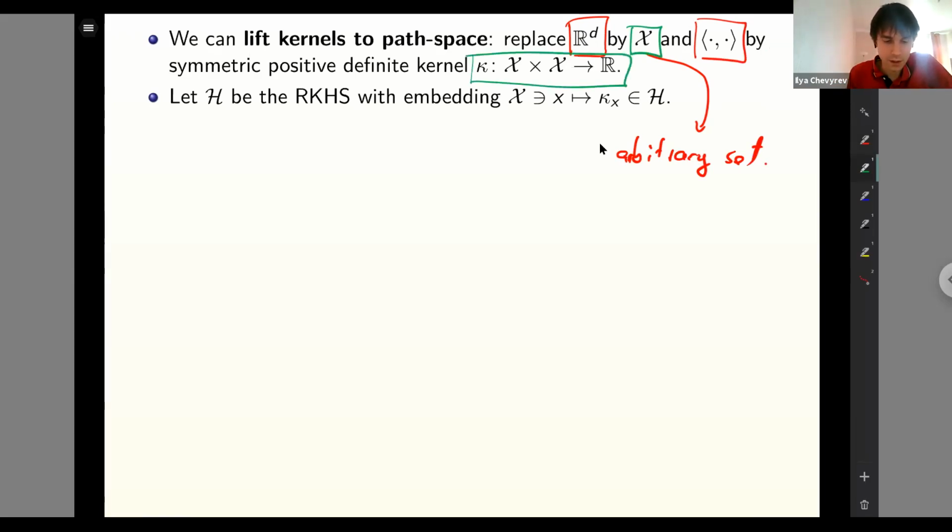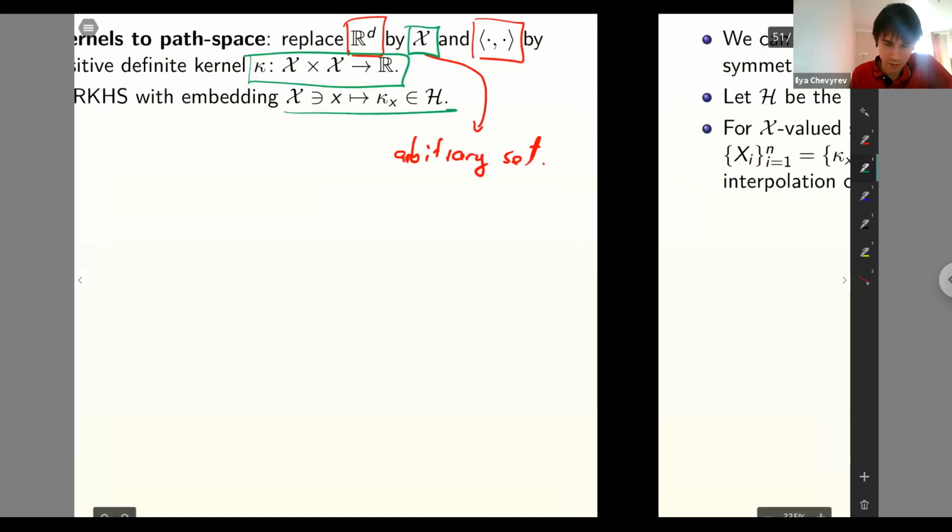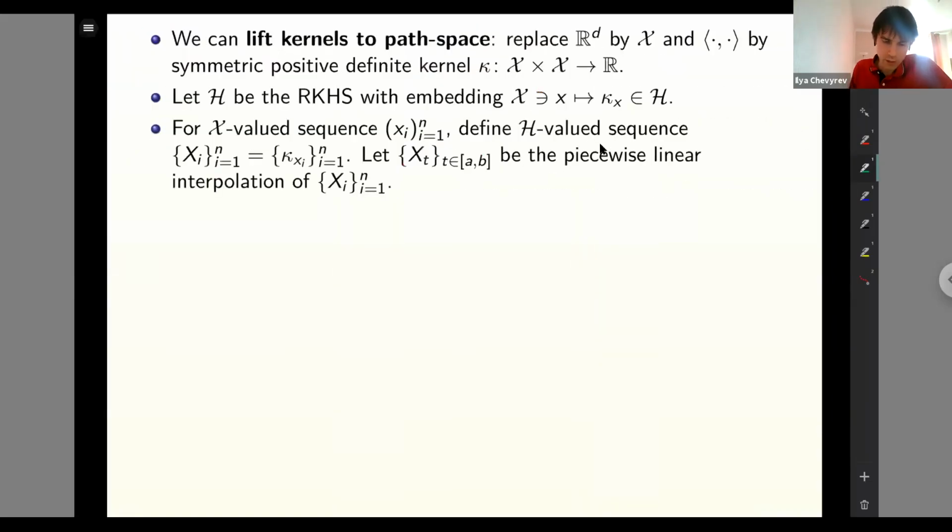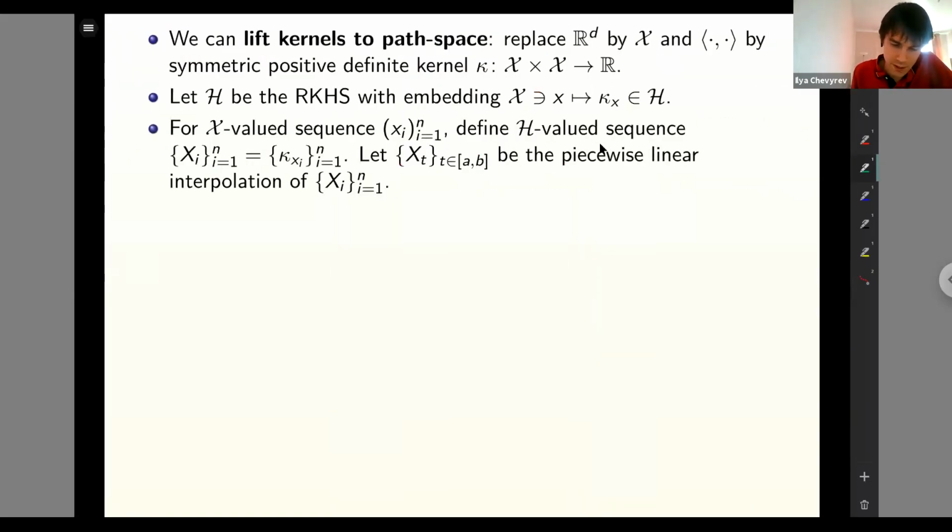And then we have this space H, which is the reproducing kernel Hilbert space of kappa, as well as the embedding of X into the Hilbert space. So what this allows us to do is use this embedding as the feature map that I mentioned right at the beginning when we talked about data to path.